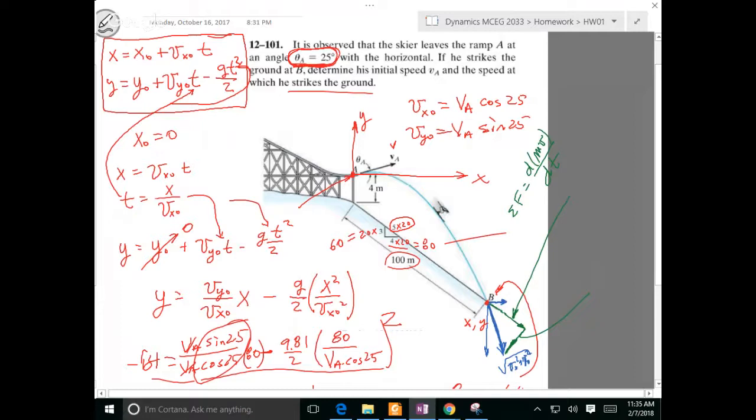So if it happened over a very short period of time, dt, it equals the mass times the change in the velocity. The velocity changed from whatever that speed is to now he's 0. It's like jumping off a building and bang, there's going to be a certain amount of force you have to take with your legs.